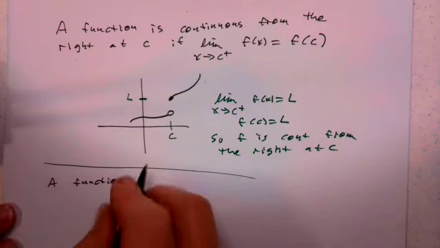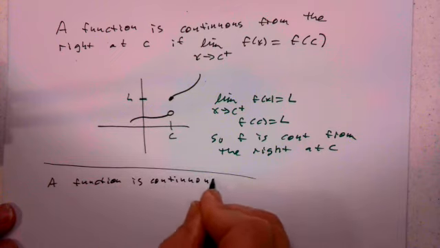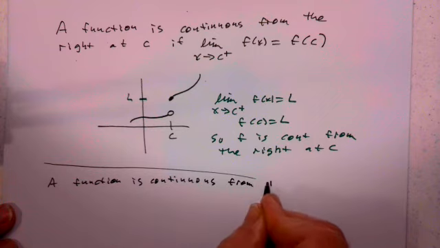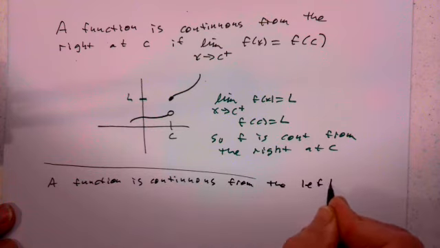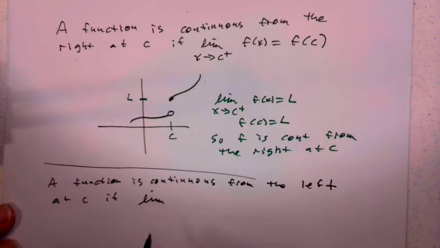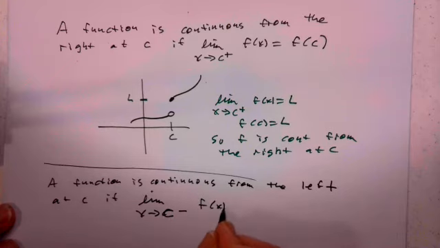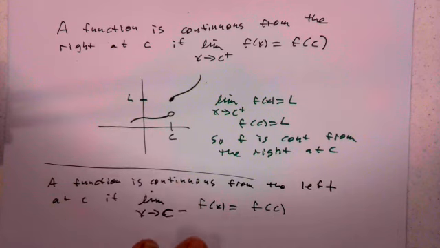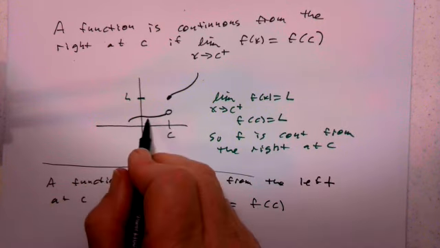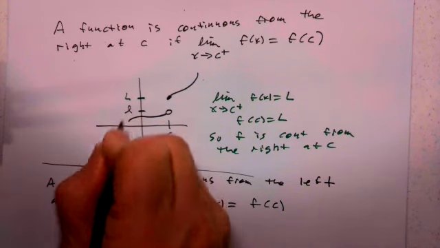A function is continuous from the left at C if the limit as x approaches C from the left of f of x equals f of C. And you'll notice this example I have here is not continuous from the left, because as I approach from the left, I hit this other point, right? I will call this little l.